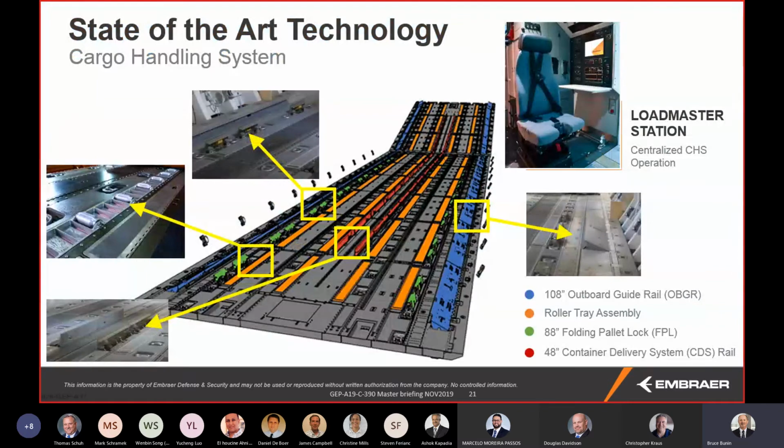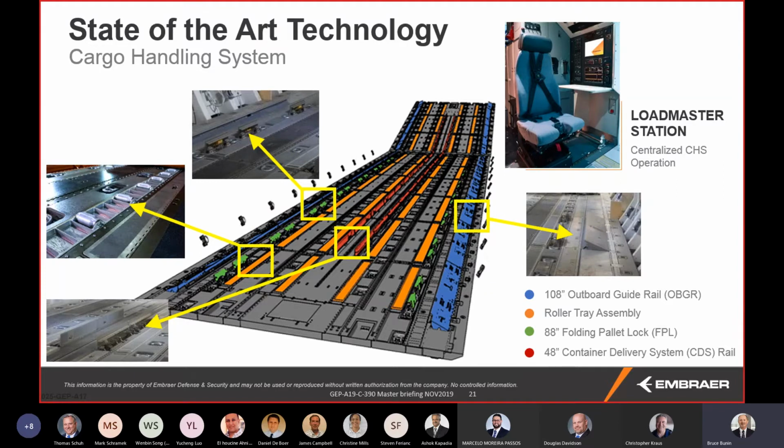Here's an image of the cargo handling system. It's kind of the working end of the airplane. And in the middle is kind of a drawing or a cartoon, but it tries to highlight some of the features of the system. Outboard in the blue, you can see those are guide rails for electronically controlled pallet locks.